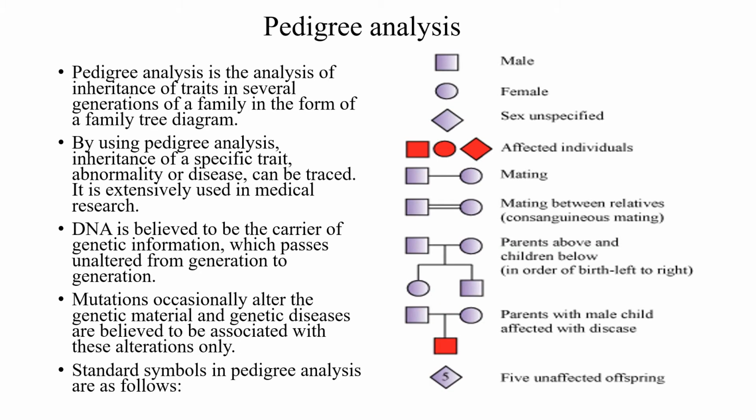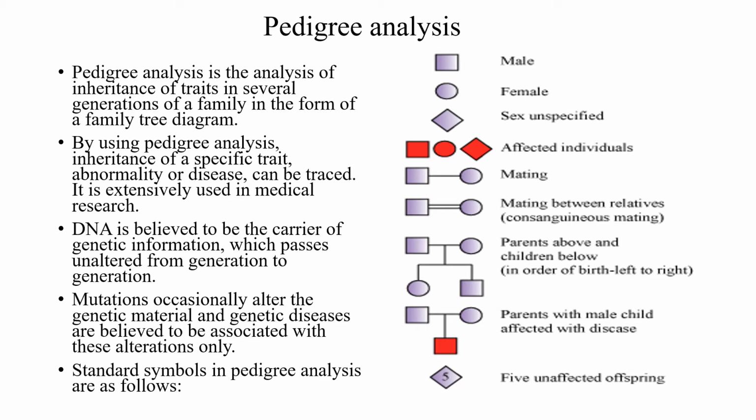Pedigree analysis. Pedigree analysis is nothing but the analysis of inheritance of traits in generations of a family in the form of a family tree diagram, from grandparent, mother to children, then from them to grandchildren, that way.